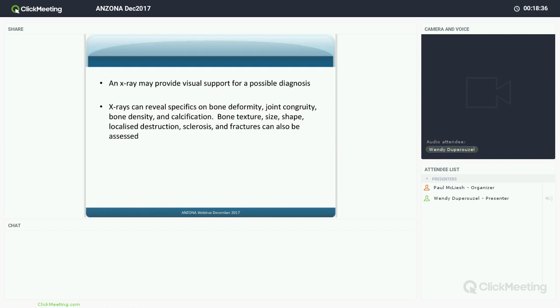First of all, before we start, when we're talking about looking at plain films, we need to be aware of our scope of practice as nurses. Certainly, we're not going to be going in depth as far as a radiographer or a radiologist does, as far as interpreting x-rays.